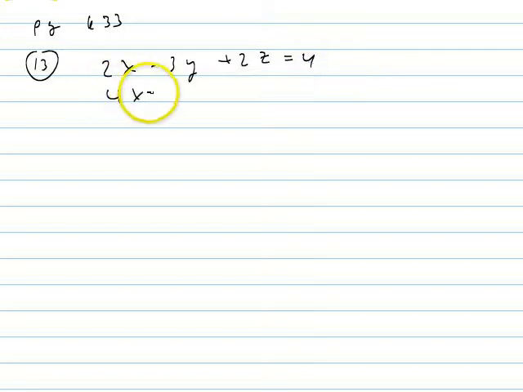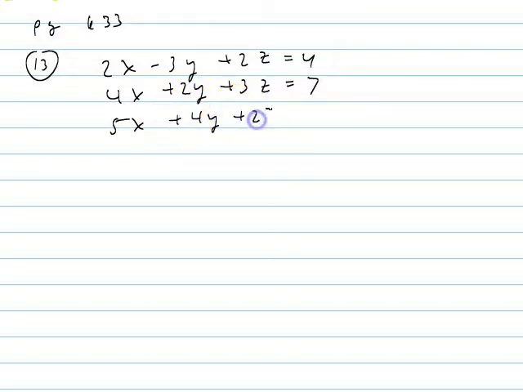This was a homework question, number 13, but now we'll do it using the calculator. 2x minus 3y plus 2z equals 4. 4x plus 2y plus 3z equals 7. And 5x plus 4y plus 2z equals 7. And the answer is going to be 1, 0, 1.